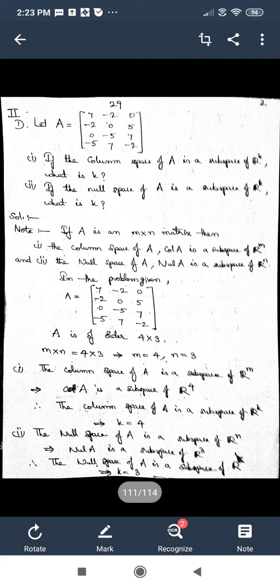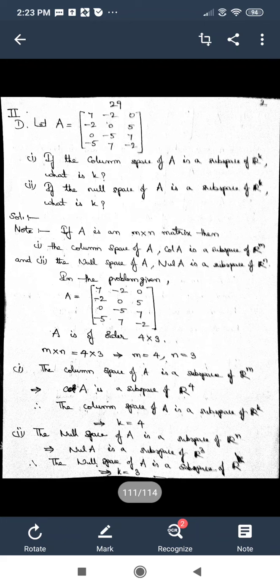Here the null space of A is a subspace of R3, because the number of columns in the given matrix A, denoted by small n, is equal to 3 here. So if the null space of A is a subspace of Rk, then k should have the value 3. So k in the second bit should be 3. So this is how we can solve the problem under Roman 2.